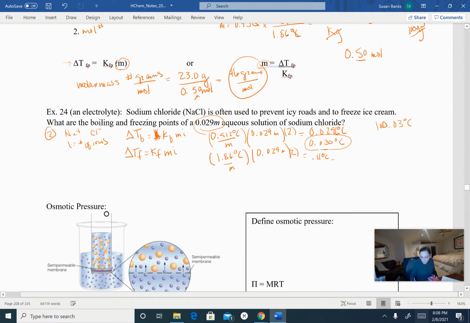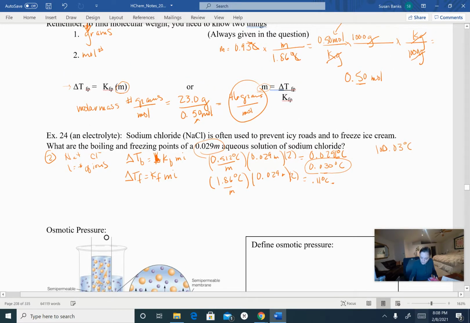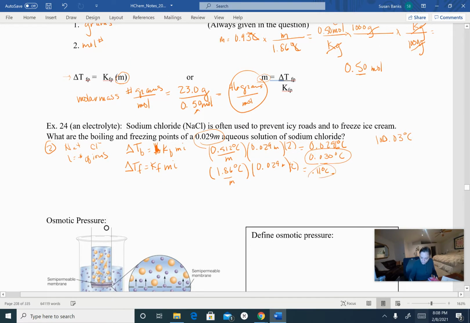Now, this is our freezing point depression, so we've got to subtract it from the normal freezing point of 0. So our expected freezing point would be negative 0.11 degrees Celsius. So once again, not a huge change in the freezing point or the boiling point because that molality is pretty small. Okay, so that's how you use boiling point elevation and freezing point depression calculations.